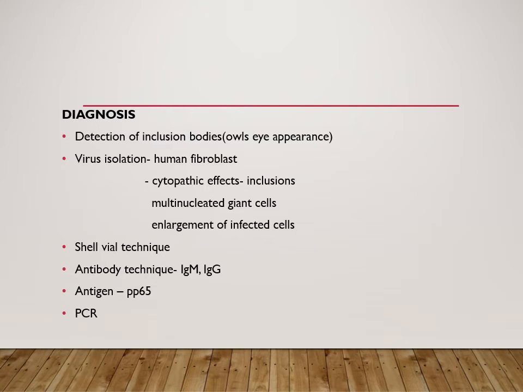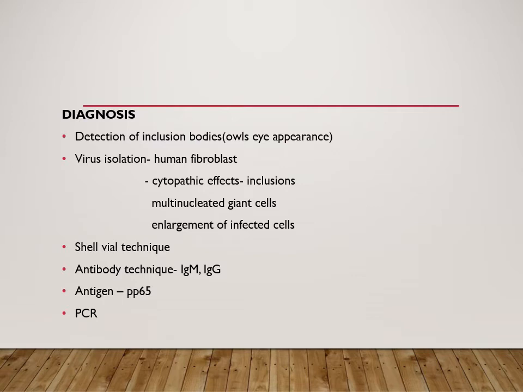And there is another technique, the Shell-Vial technique, which is specifically done in cytomegalovirus isolation. That will speed up the process of isolation. Then antibody technique. Antibody diagnosis can be done for IgM and IgG. After 1 to 2 weeks, this antibody will be increased in titer.